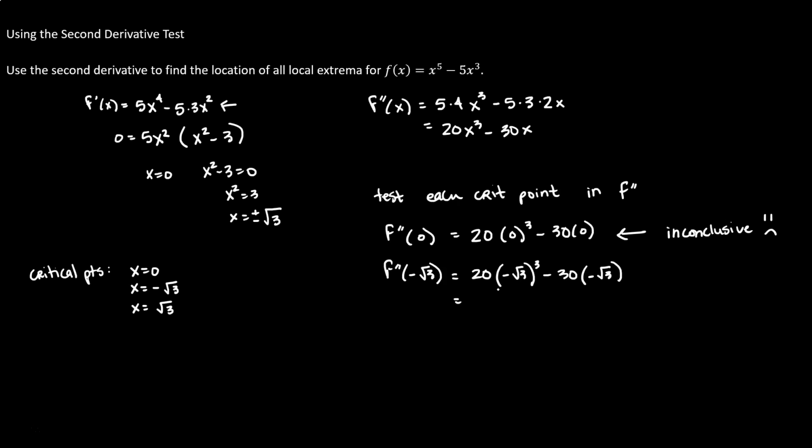That's going to stay negative. So let's type that in on our calculator: 20 times negative square root of 3 raised to the third power gives us about negative 103.9. But then from that, we're going to subtract 30 times negative root 3, which is like adding 30 times root 3.